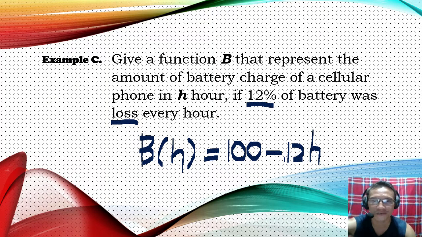Okay, so therefore, this is the representation of the problem. So from 100%, the battery charge loses 12% every hour. So that is 100% minus 12%, or 0.12 times the number of hours, is the function of the battery charge every hour.